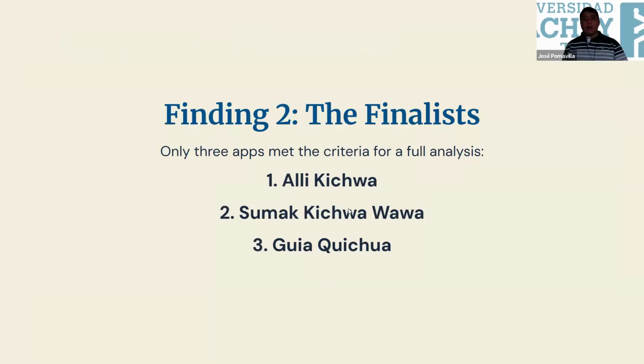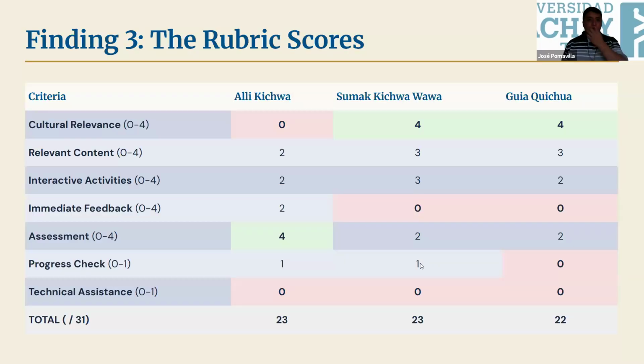Suma Kichwa Wawa, which translated would be like pretty baby Kichwa. And Guia Kichwa. All of them provide basic activities similar to the famous Duolingo. Somehow they try to adapt activities probably guided by other apps.